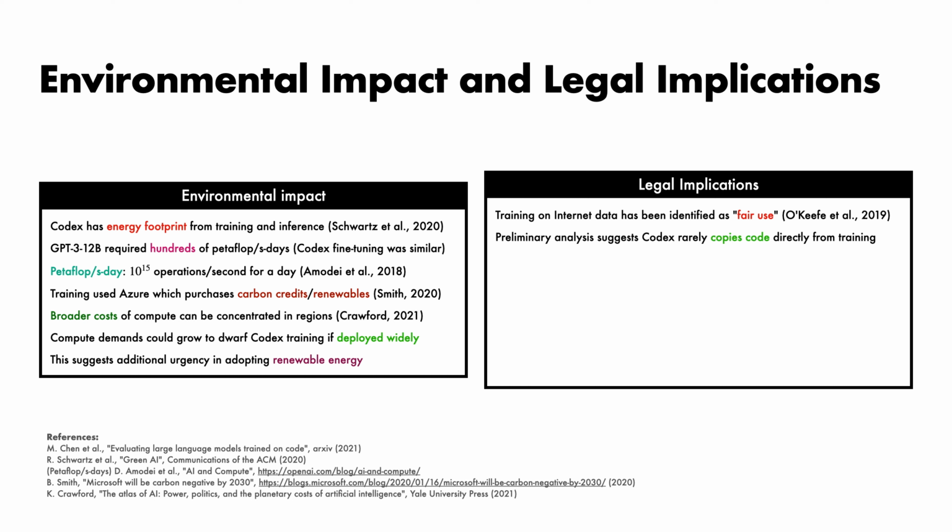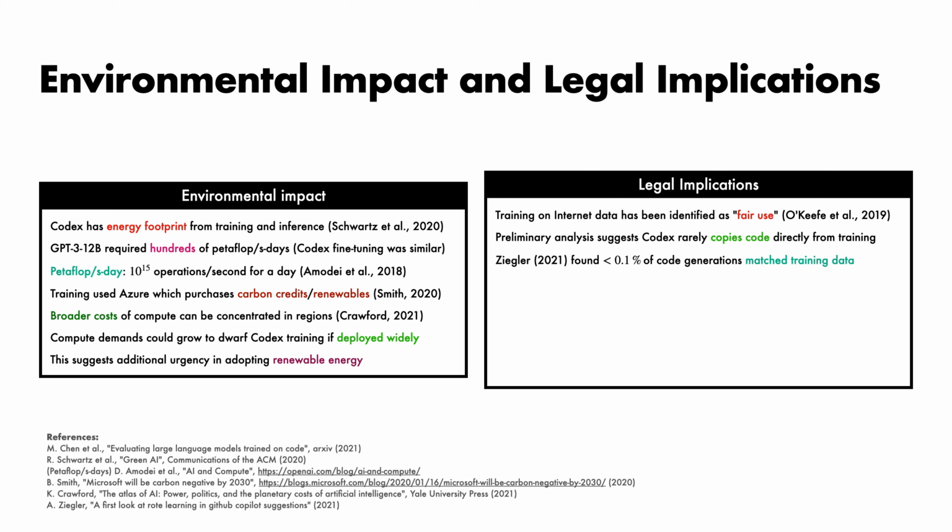A preliminary analysis conducted by the authors suggests that Codex rarely regurgitates code that can be found in identical form in its training data. An early study by Ziegler on Copilot usage by Microsoft employees found that less than 0.1% of suggestions made by Copilot were an exact match for its training data.